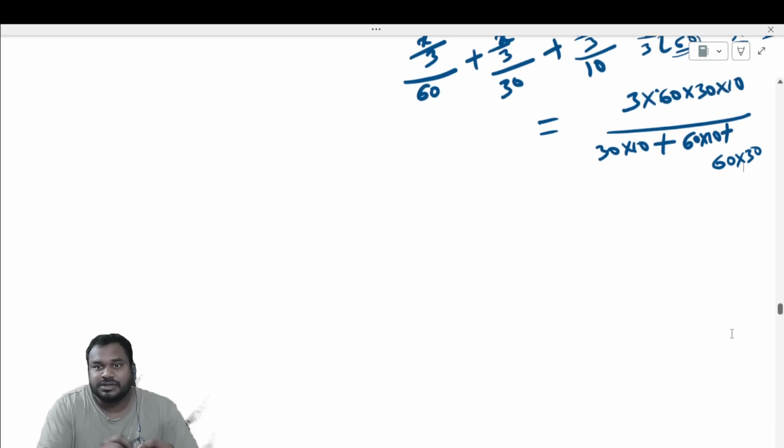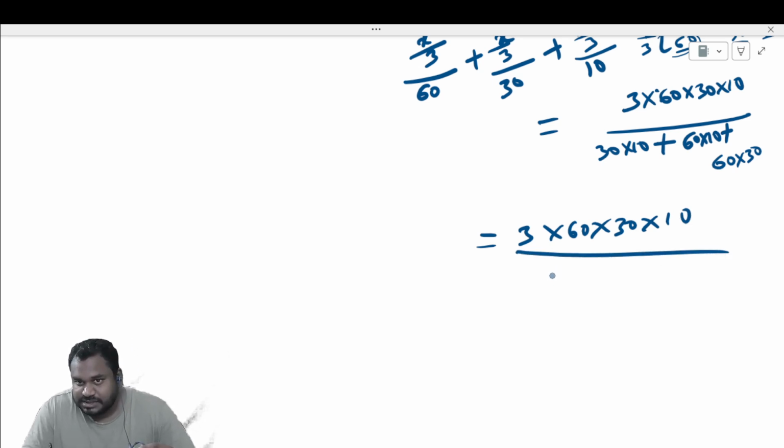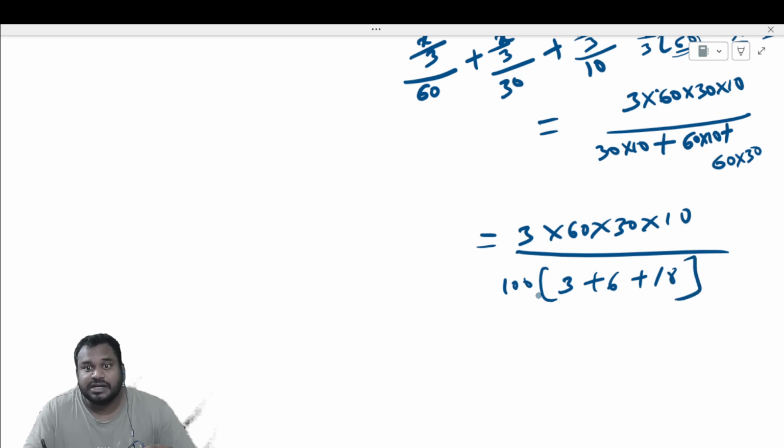Now I am doing it here. So 3 into 60 into 30 into 10 divided by, I take 100 common here: 3 plus 6 plus 18, and the two zeros cancel.